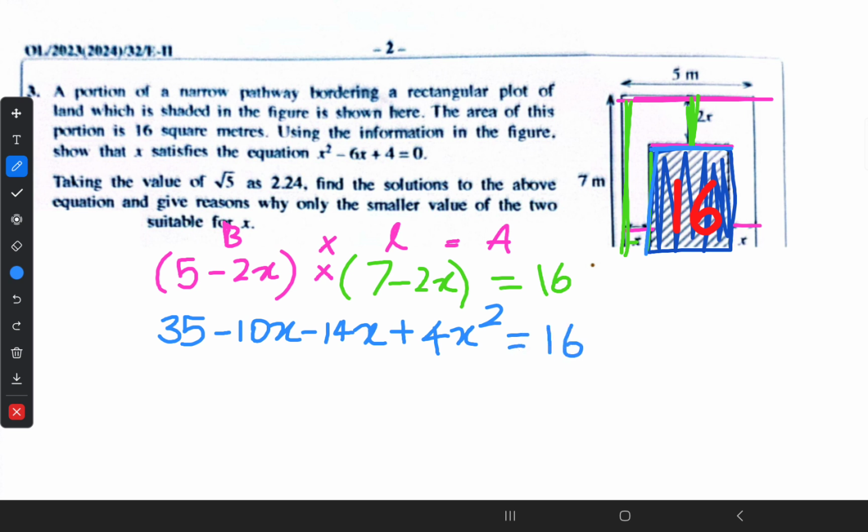Let's bring all the values together. 4x squared minus 24x plus 35 minus 16.